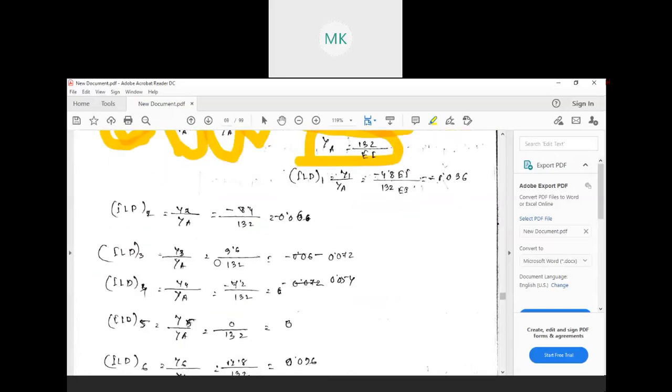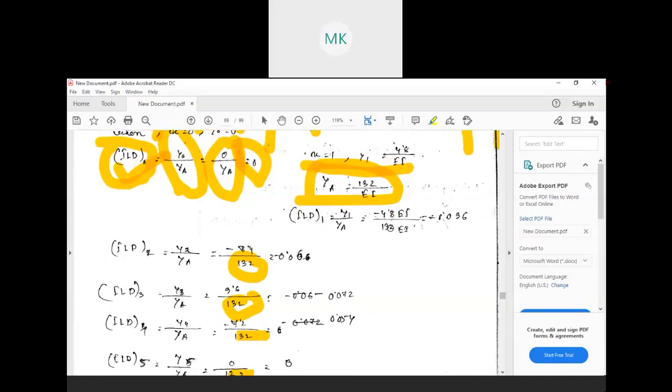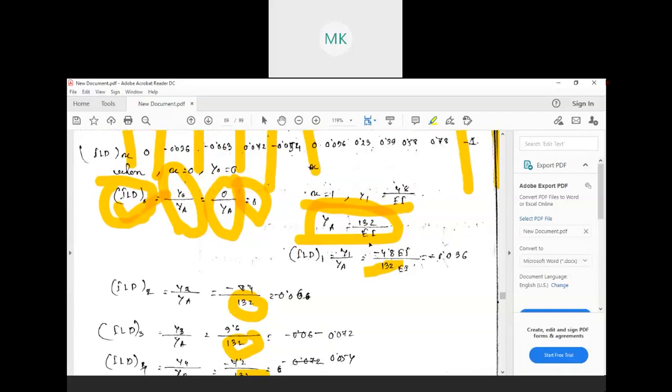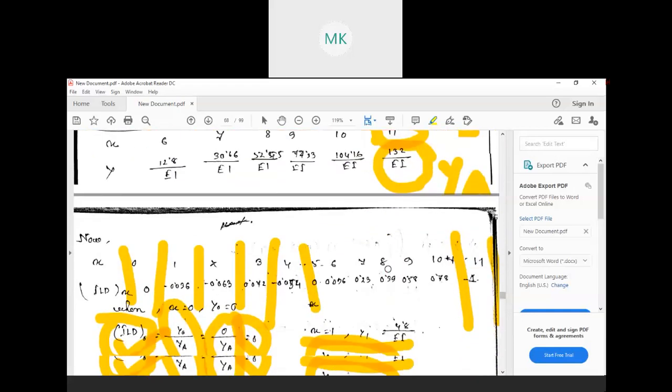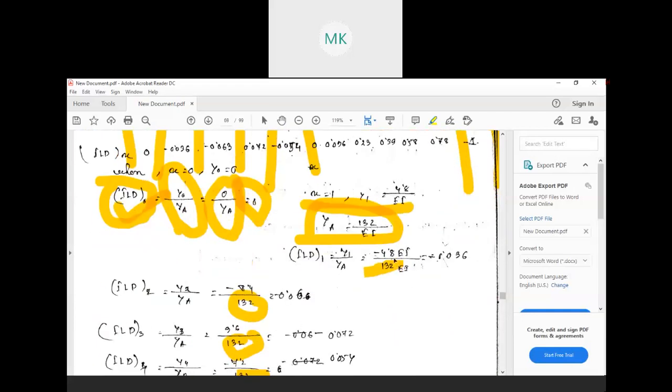So as you can see, everywhere it is 132. Why have we written 132? Because y1 is minus 4.8 by EI, and our ya is 132 by EI, so EI will be cancelled out, and only minus 4.8 by 132 will be there.